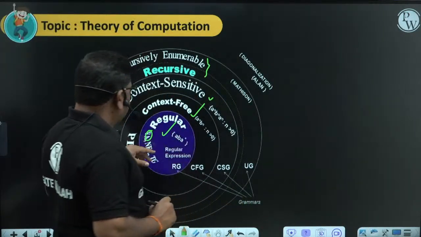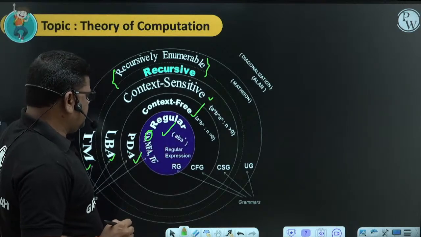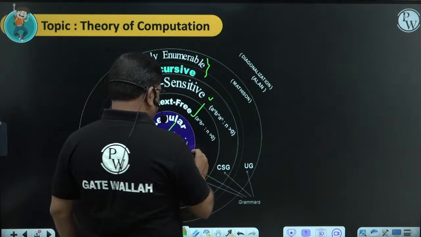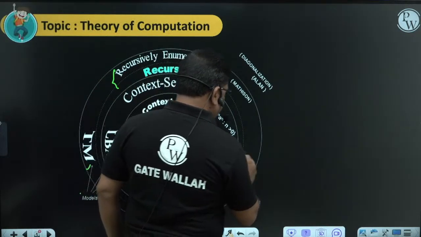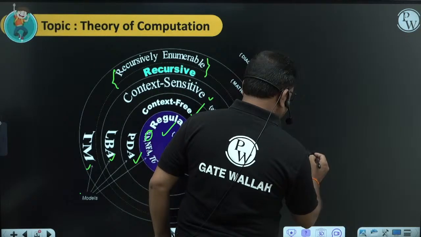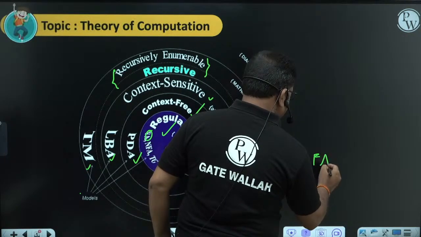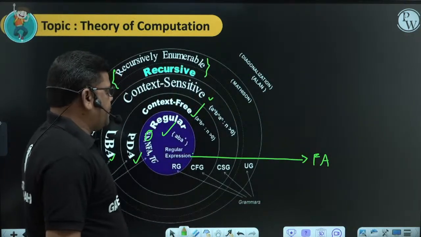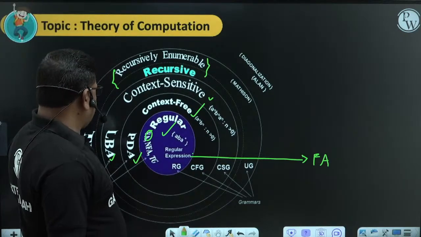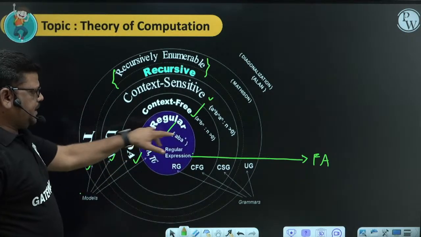the automata possible for the regular language is, I can say, finite automata. Let me write clearly.